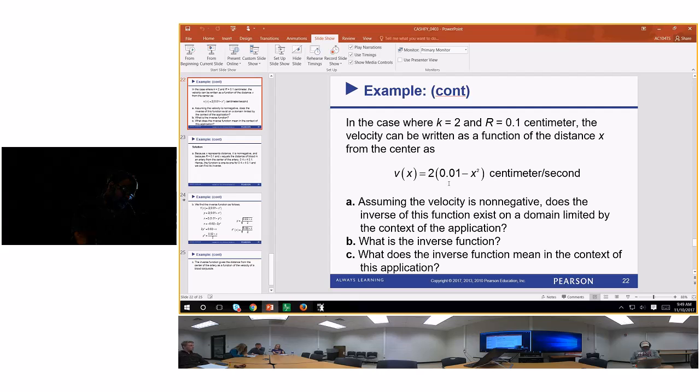Then x is equal to 2 times 0.01 minus y squared. I'm going to distribute that 2 because I don't like to. We can divide by 2 on both sides, and that's fine, but I'm going to distribute that 2.